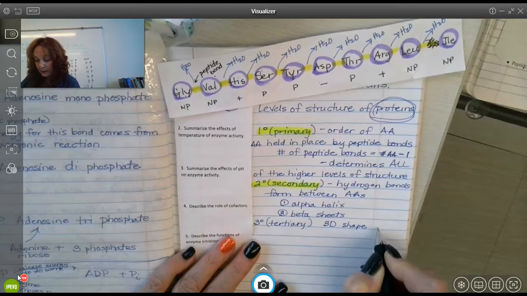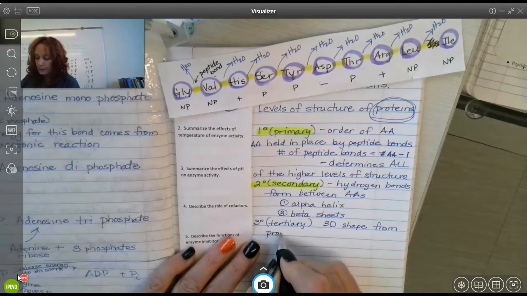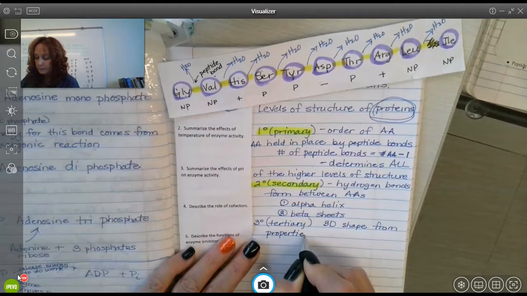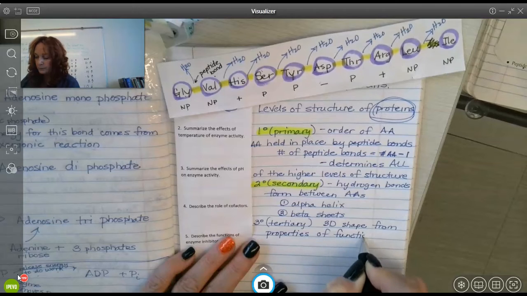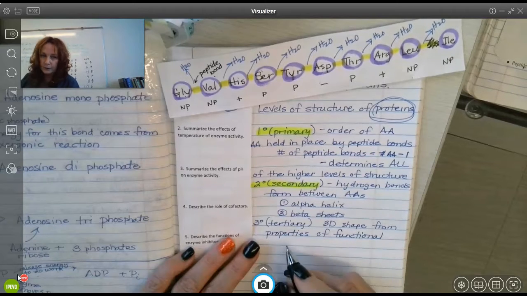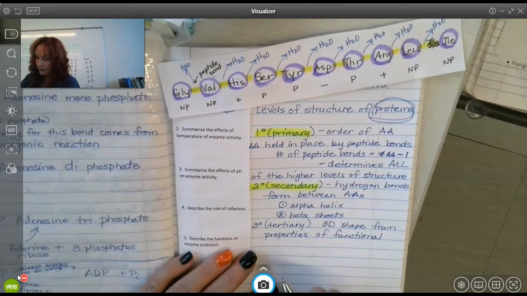and it's going to be from the properties of the functional groups: hydrophilic, hydrophobic, nonpolar, same thing as hydrophobic, charged, polar, same thing as hydrophilic.